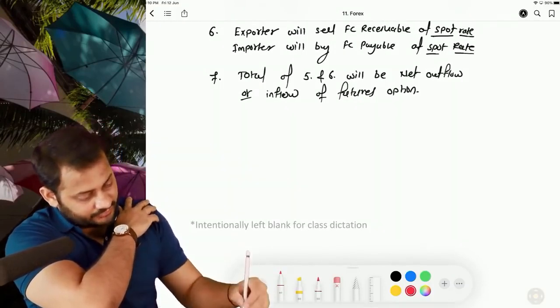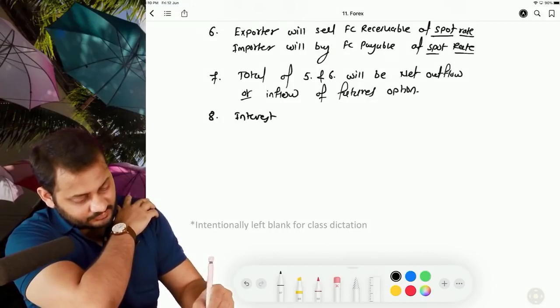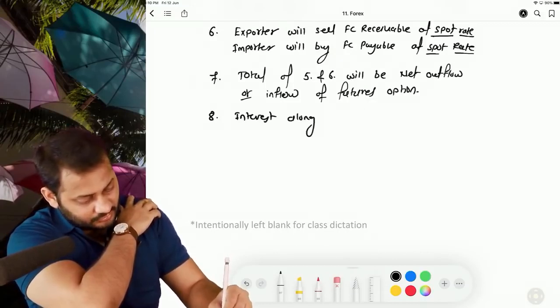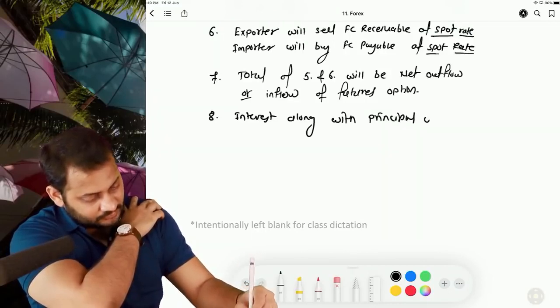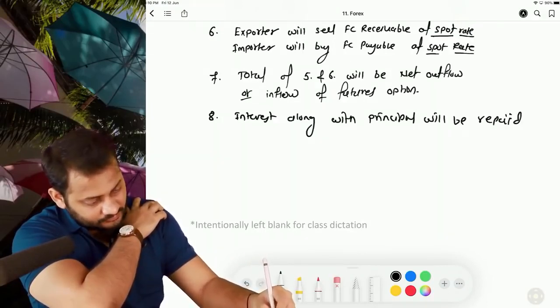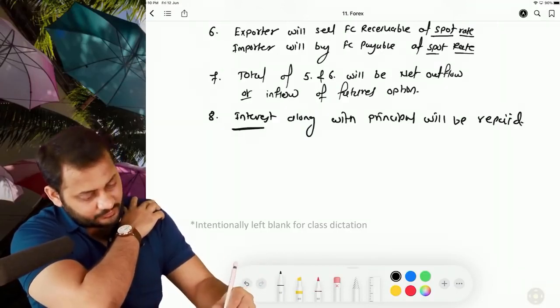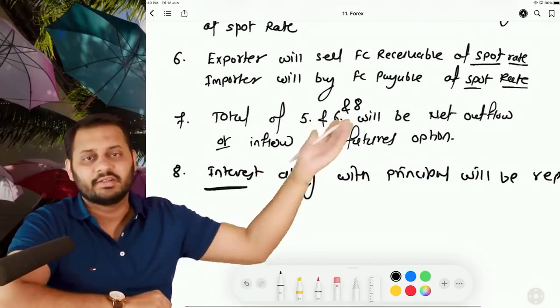One more thing which we didn't discuss at that time is interest along with principal will be repaid. So this interest will also become the cash inflow and outflow. 5, 6 and 8, interest.